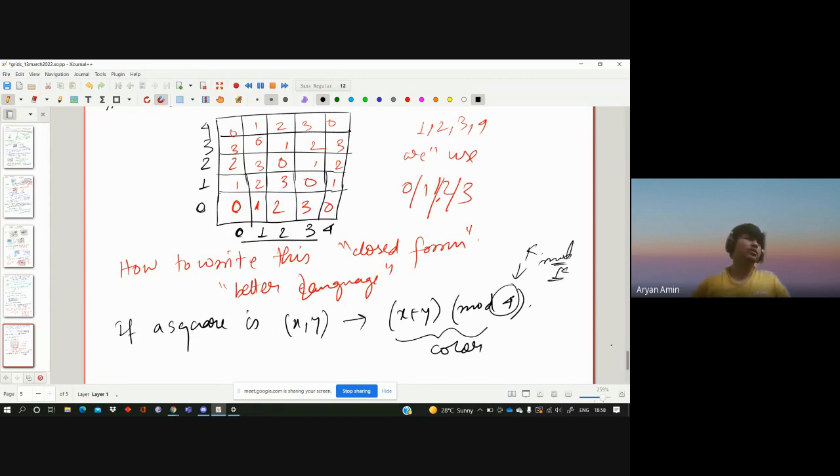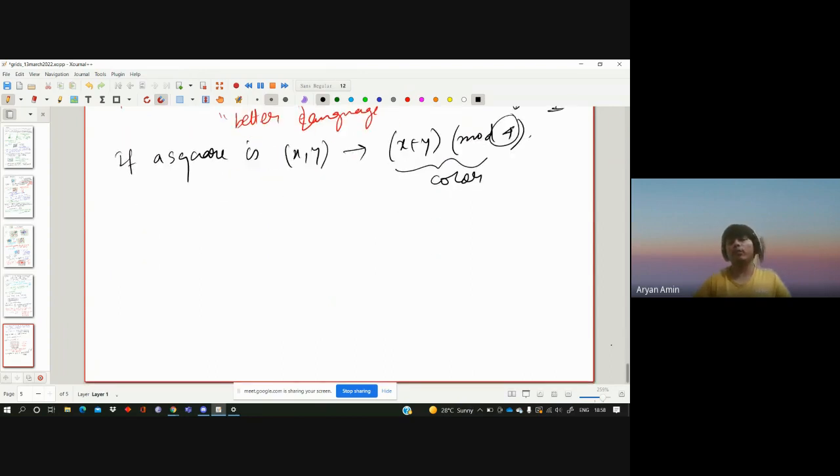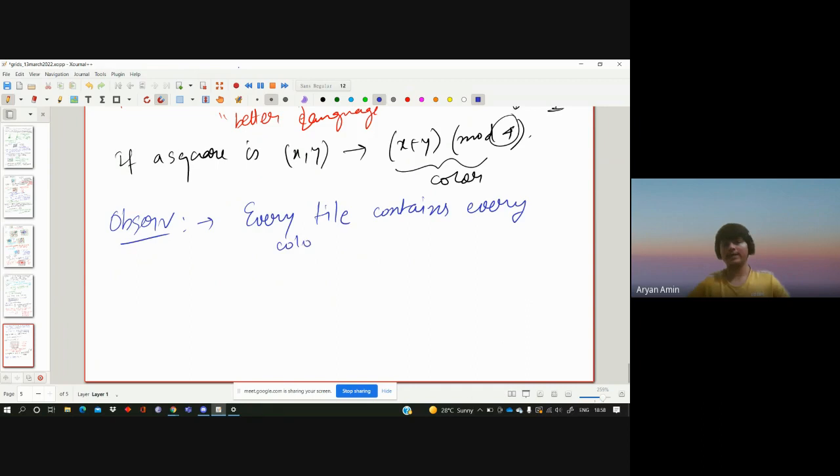Okay, so now why is mod k coloring important? It is important for this case because of the observation that every tile contains every color exactly once. Now, why is that true?